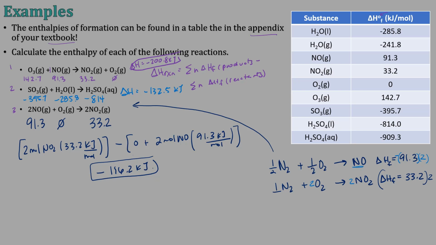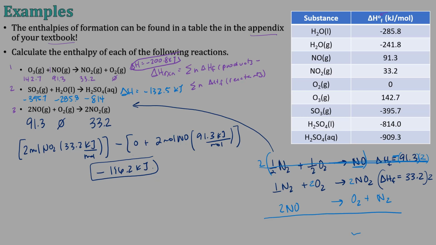So this one gets flipped, so I'd have 2 NOs goes to 1 O2 because we're multiplying everything by 2, right? We're multiplying it all by 2, and 1 N2. And we would have for that delta H 2 times 91.3. And we changed the sign for the reactant.